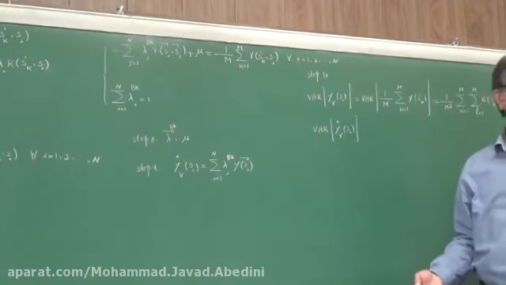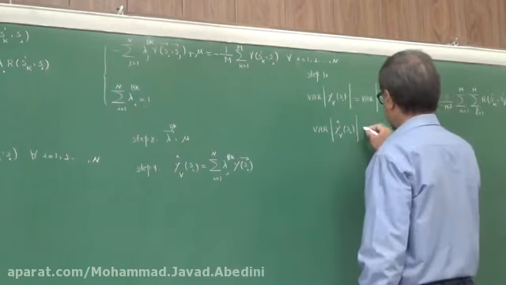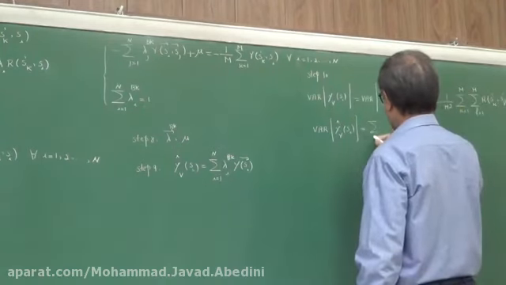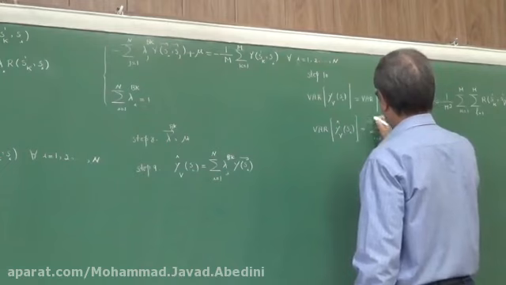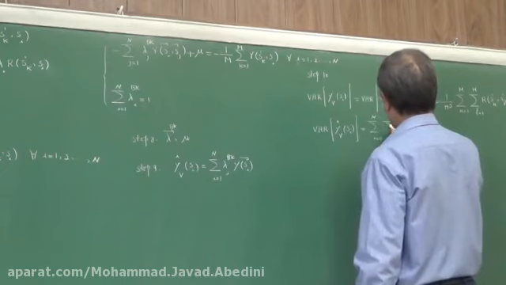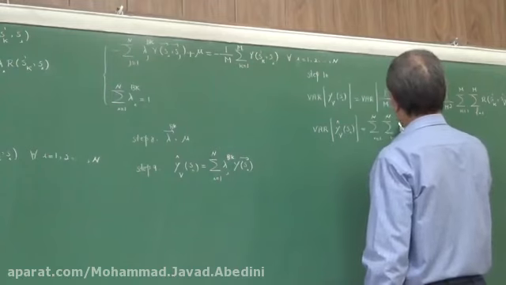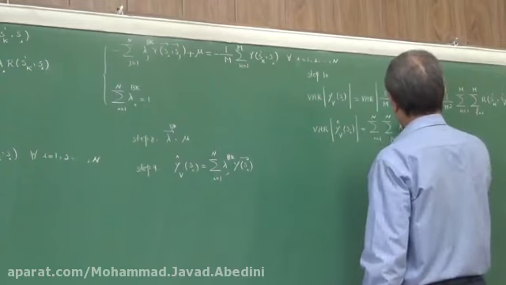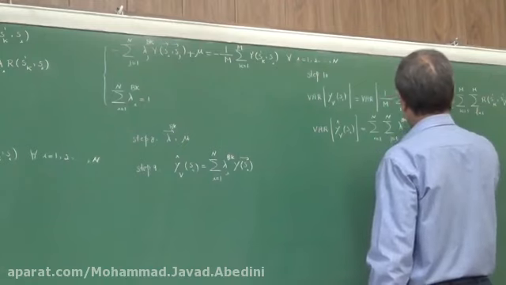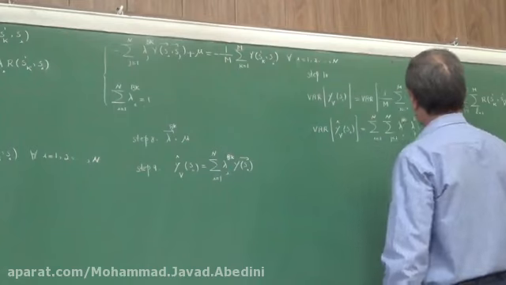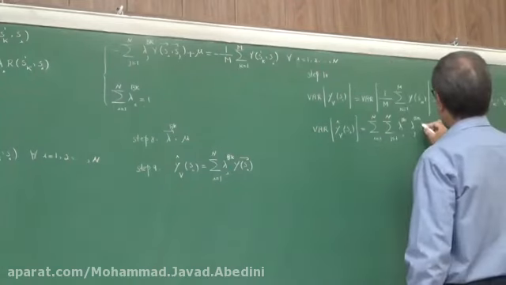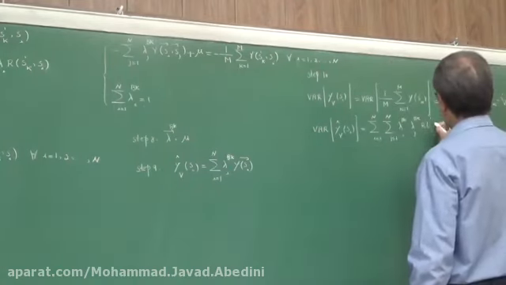It will become a double summation, I from 1 to n, j from 1 to n, lambda I bk, lambda j bk, r sub si sj.